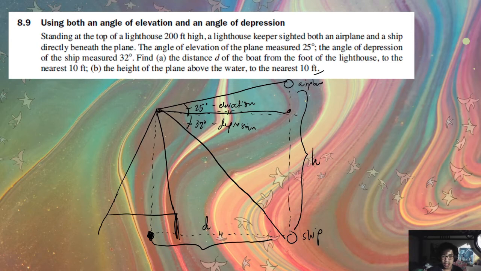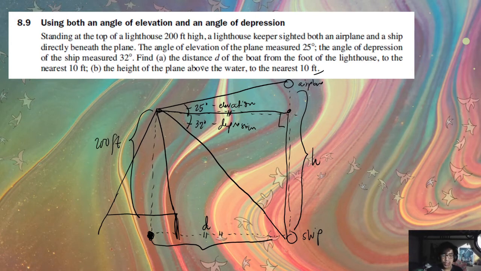Since this line is parallel and congruent to that line, and this is ideally a right triangle, and we know that this angle is 32 degrees, we can solve for the measurement of this line, given that the height of the lighthouse is 200 feet.